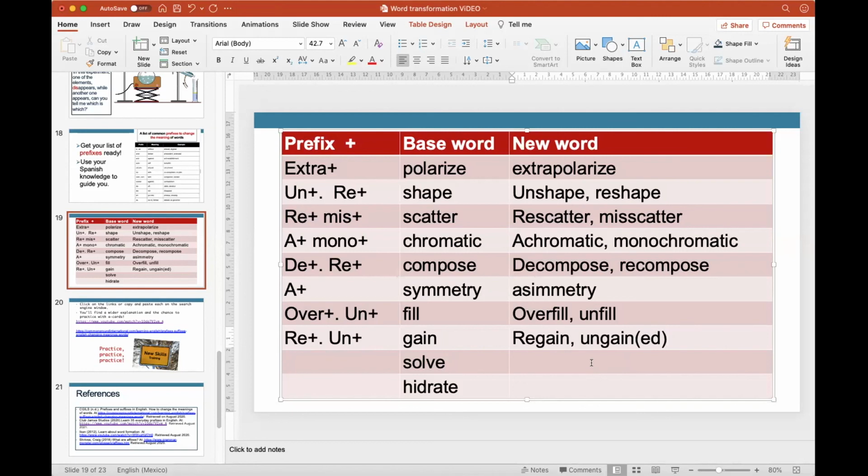Teacher, with gain you mean like bargain? Oh, okay, I get it.